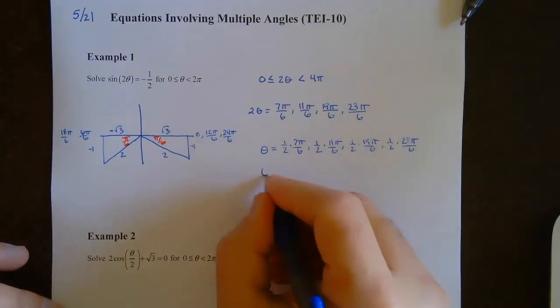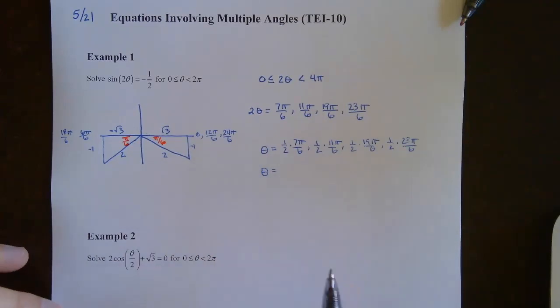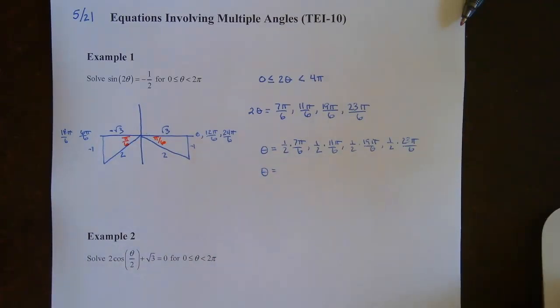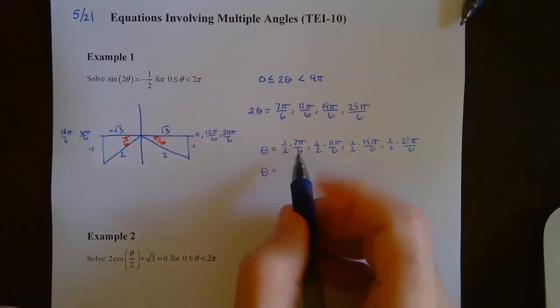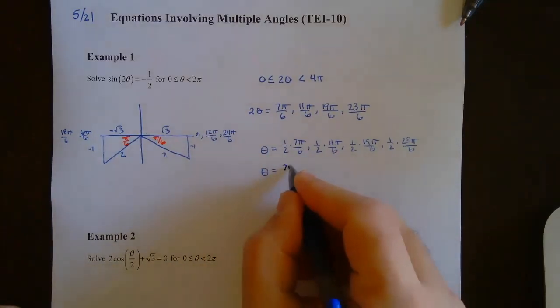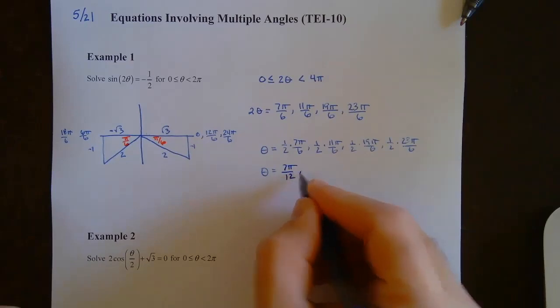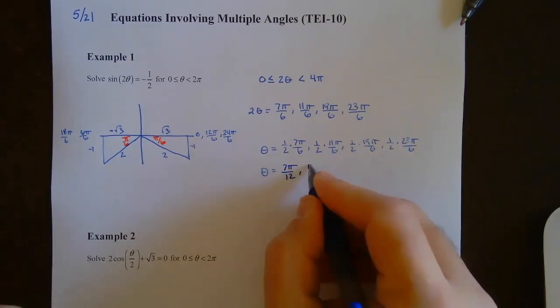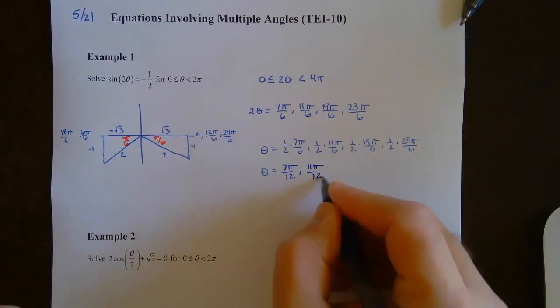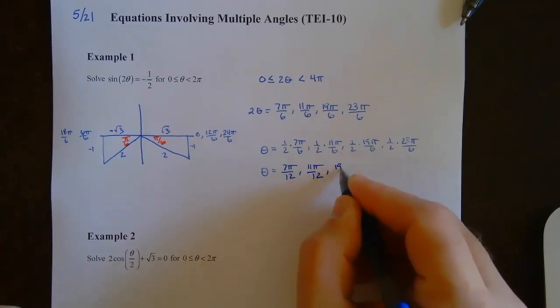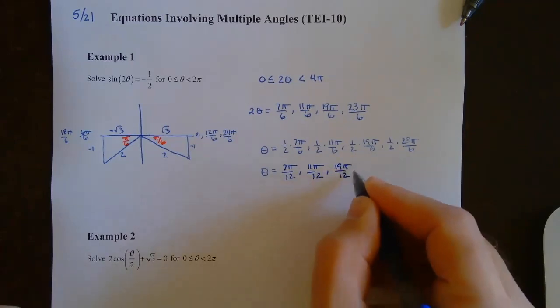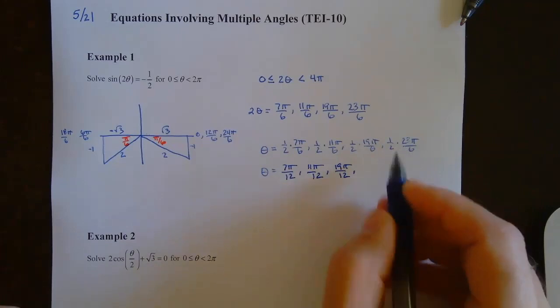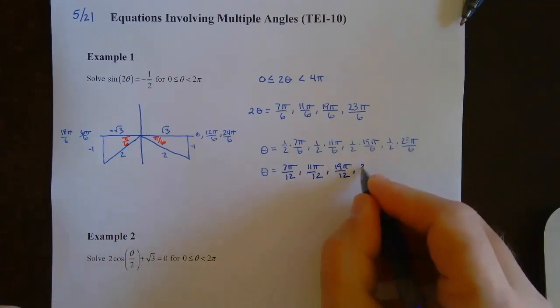Okay, so then that would give me theta is equal to, and I'm running out of ink, so hold on, I'll be right back. Okay, back. All right, so 1/2 times 7 pi over 6 would be 7 pi over 12, comma, 1/2 11 pi over 6 would be 11 pi over 12, 19 pi over 12, and this would be 23 pi over 12.